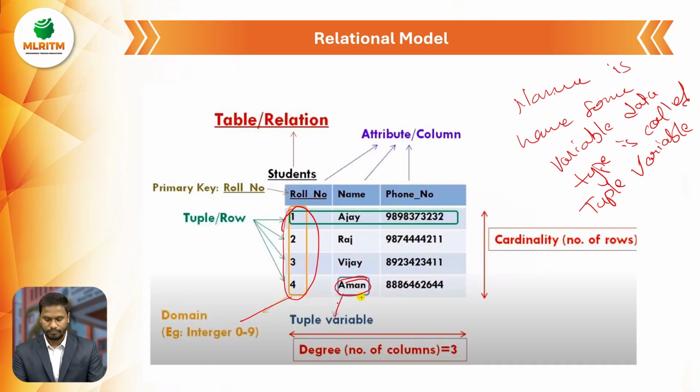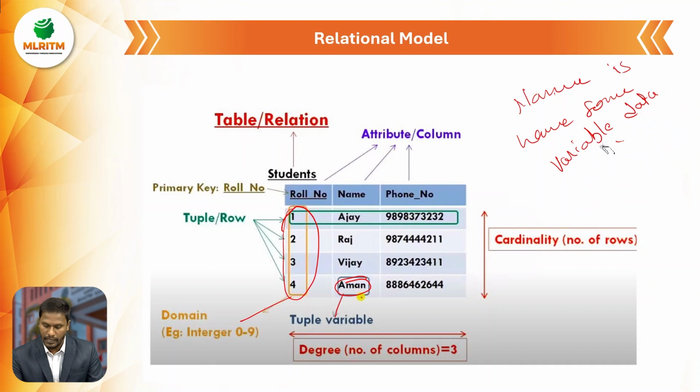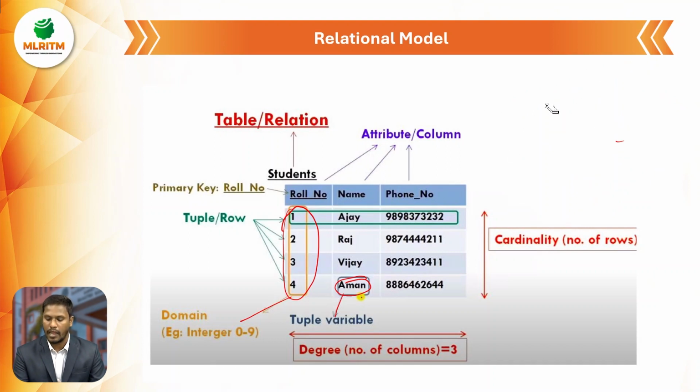Next, we have degree and cardinality. What is degree and what is cardinality? See, how many columns are there? 1, 2, 3.